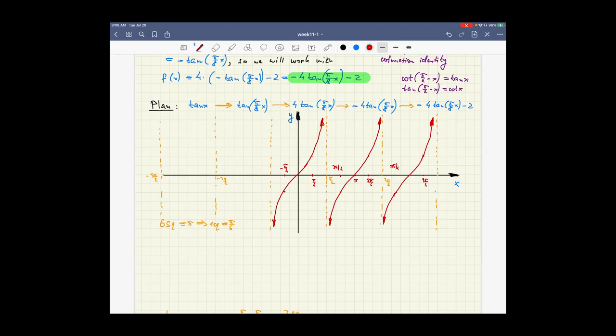And the same on the negative side. So here is negative pi, negative 3 pi over 4, and negative 5 pi over 4.